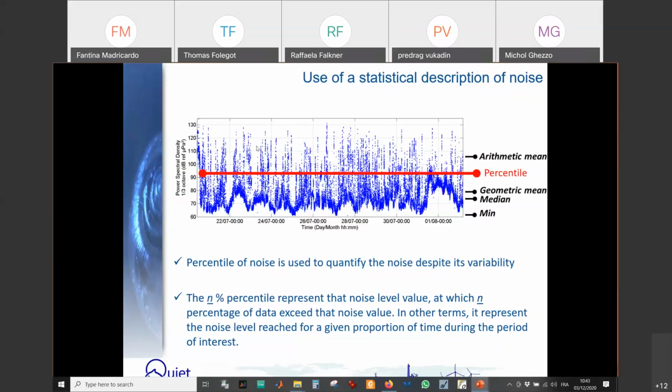Here, for example, maybe 20% of my data points are above the line. It means that 20% of my time is above 92 decibels, which is already much more interesting and much richer because using different values, different percentiles, you can have a very clear and simple description of your data set.